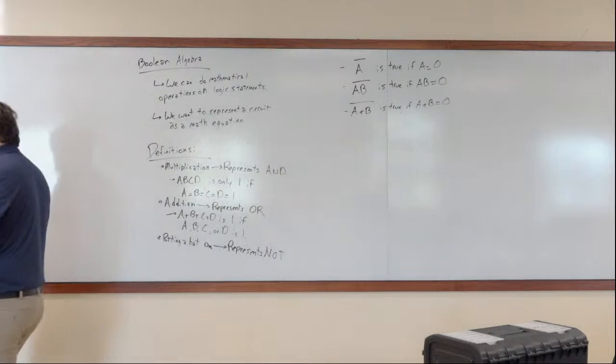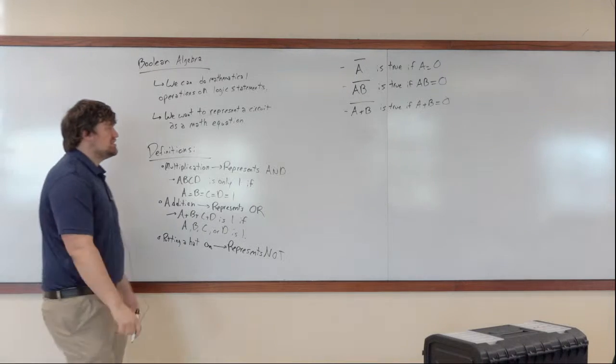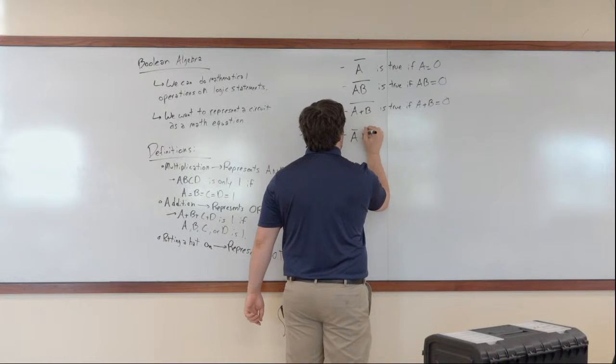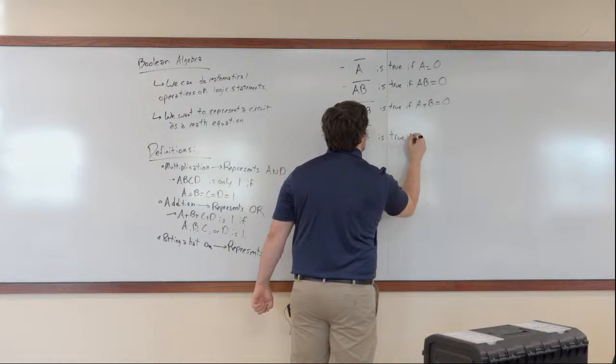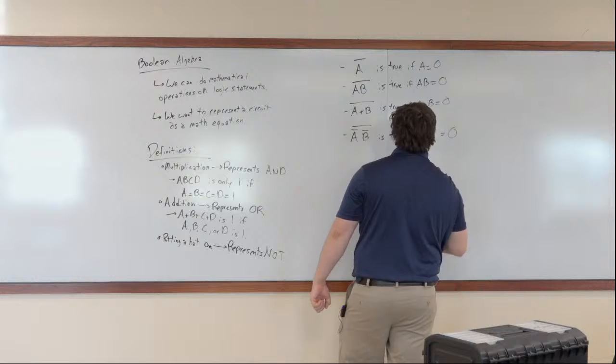So the not statement, there's a lot of things that we can do with it. We can also go and say, this is true if A naught B naught is equal to 0.